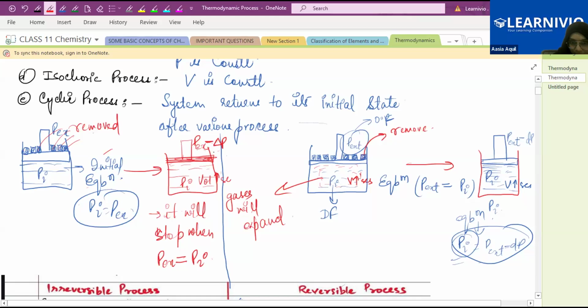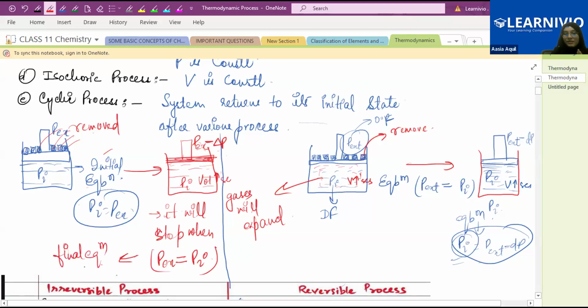तब तक ये piston नहीं रुकेगा, okay, जब तक P external equal to P internal नहीं हो जाता. Means जब तक final stage नहीं आ जाता, this is the final equilibrium. Right? So that's the case of an irreversible process.